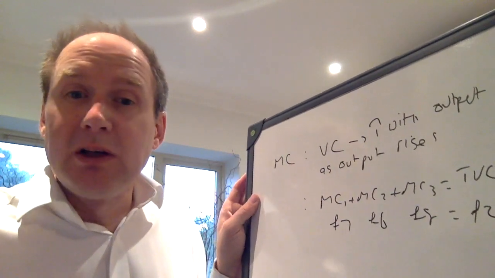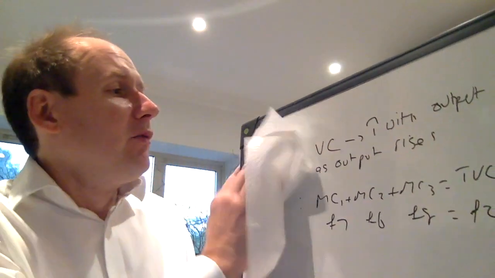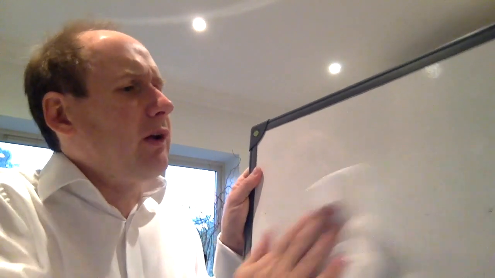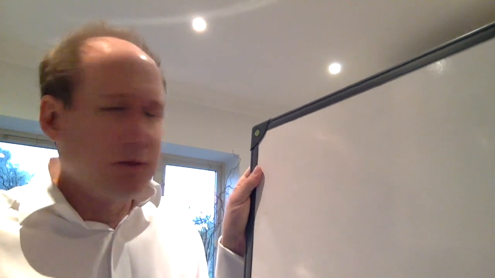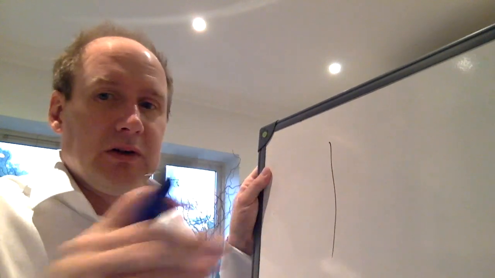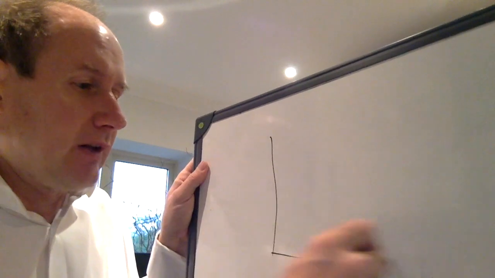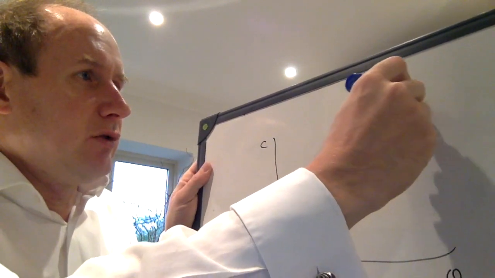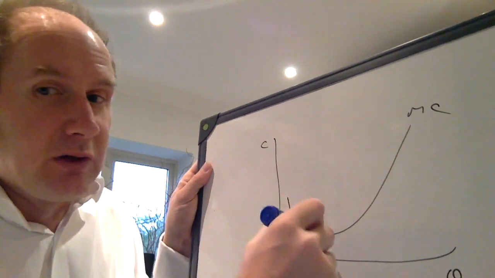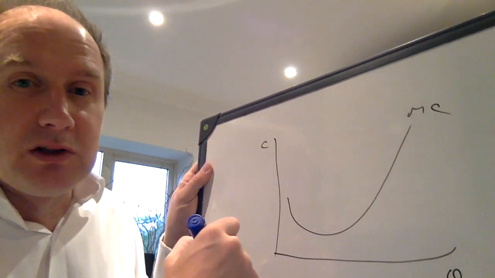So there's one last thing that we need to do with the short run. Let's suppose that's output, that's cost, and that's the Nike swoosh, that's marginal costs, increasing returns to the variable factor, diminishing returns to the variable factor.